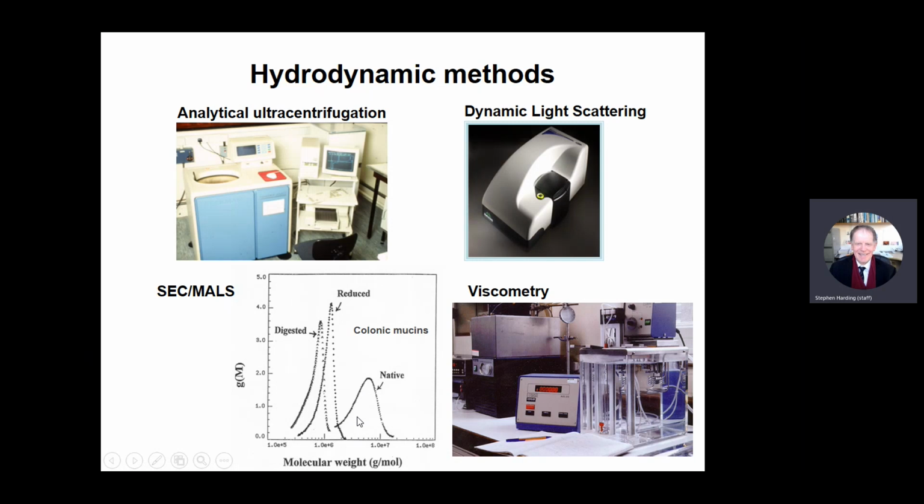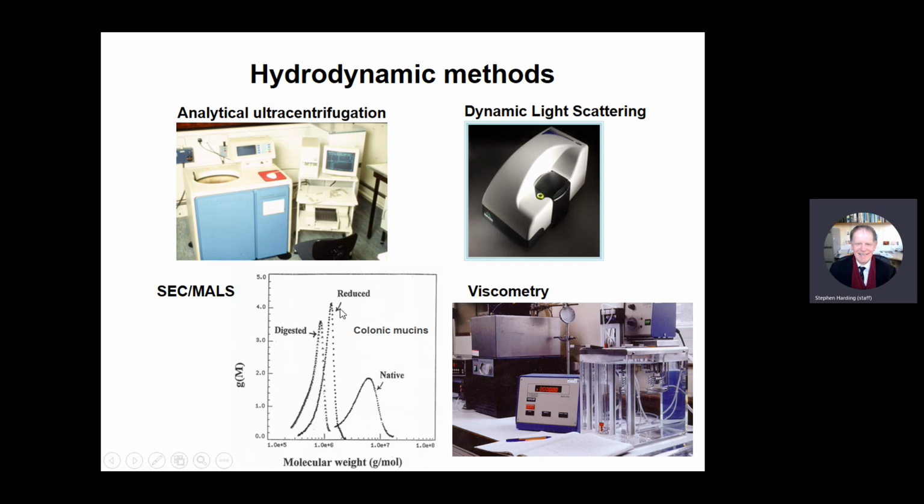This is an example of some mucin glycoproteins that Tony was talking about last week. These are colonic mucins. This is the native mucin molecular weight distribution. You see molecular weights very large, ranging from 1 million through to over 10 million.